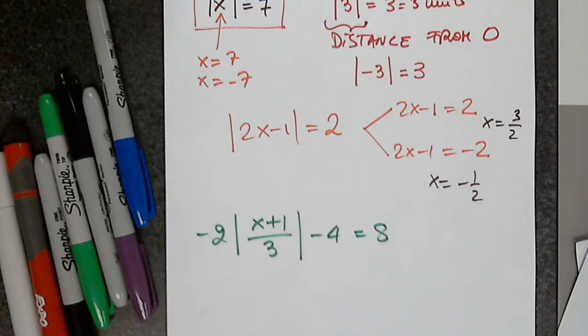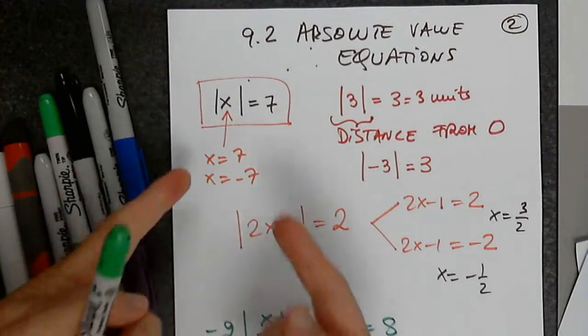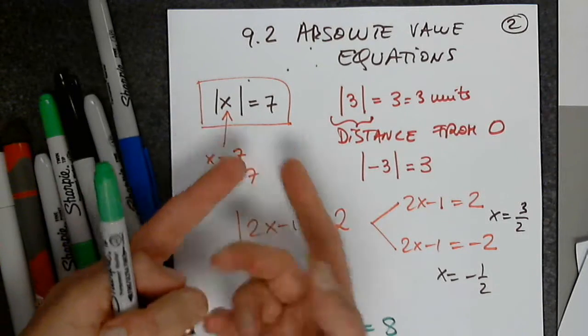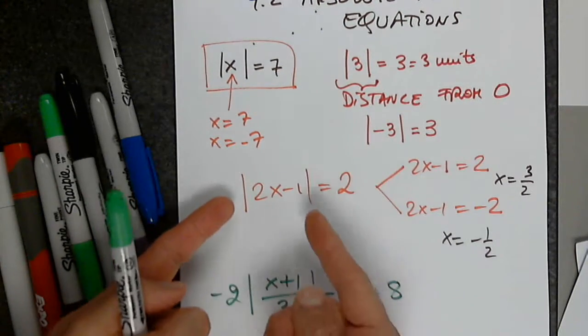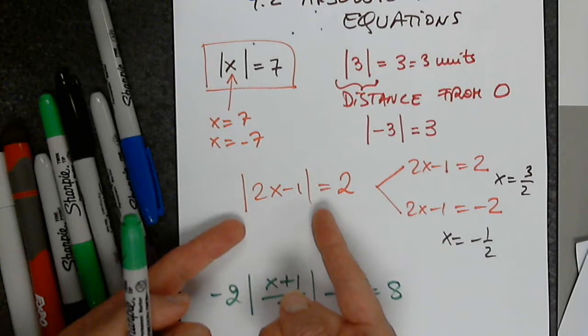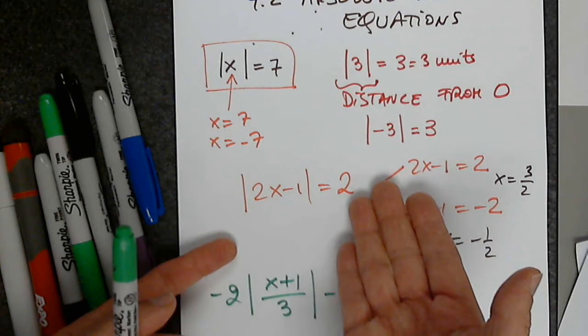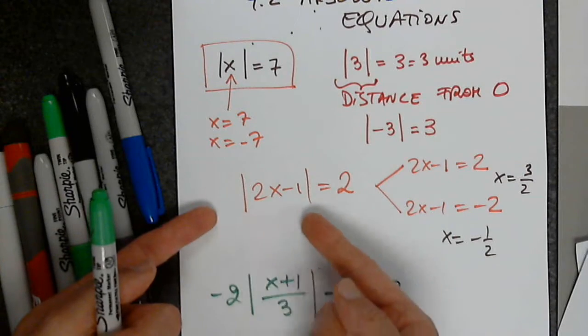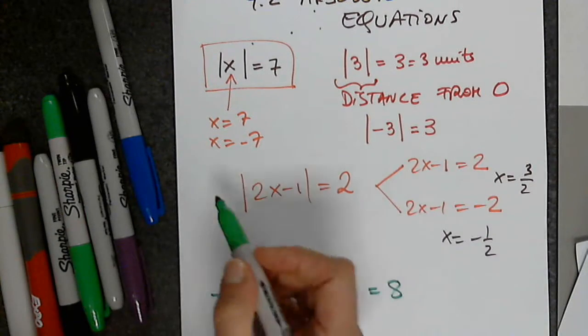So what will be the first step towards cleaning it up? And of course, I have to have plain, clean absolute value on one side. Otherwise, I can't conclude. I have to have plain, clean absolute value on one side and a positive number on the other. Because this is always a positive quantity, unless I have a minus in front.